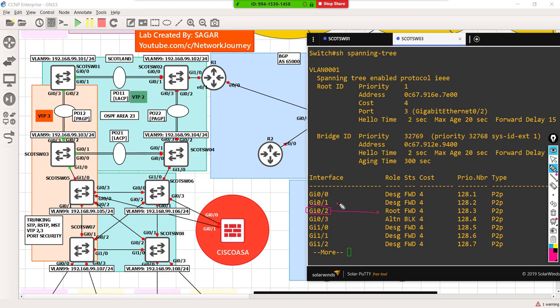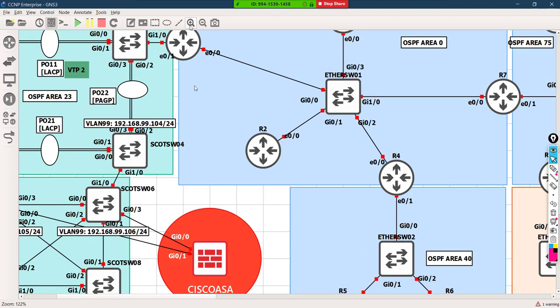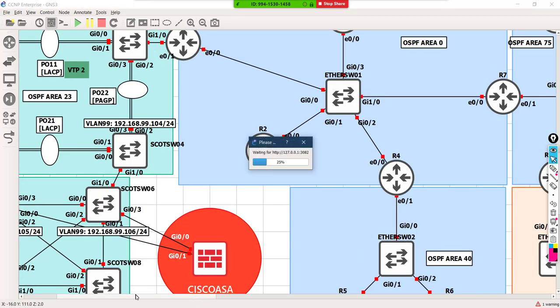It has some cable issue due to a cable flap, or let's say the physical SFP module has some issue. I want this to be blocked and this to be forwarding. Okay, so you understood my point, right? It's not about the root bridge now. It's about the path selection. If possible, I'll just zoom out.